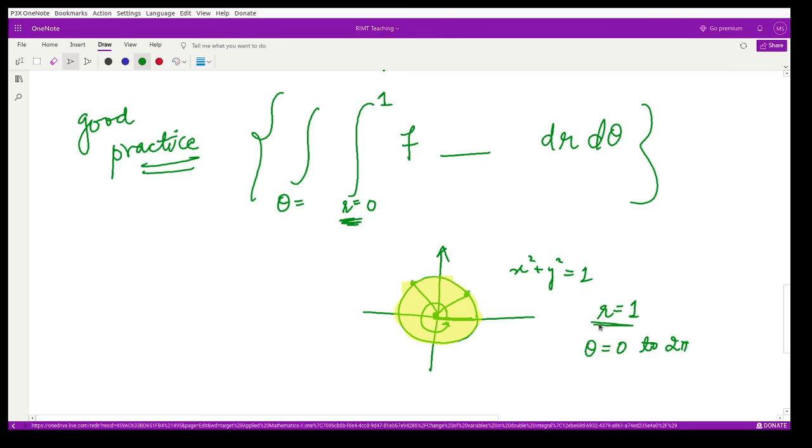Here the limits are constant obviously, but in other cases the limits could vary, and theta varies from 0 to 2 pi. So if you notice, the limits of theta will always be constant, but sometimes the limits of r can be variable limits, defined in terms of theta.